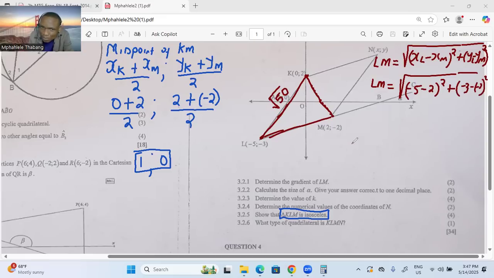Let me just confirm that I'm not making a mistake. Guys, you just have to use the distance formula. Minus 5 minus 2 is minus 7, squared is 49. Minus 3 plus 2 is minus 1, squared is 1. So LM is the square root of 50.